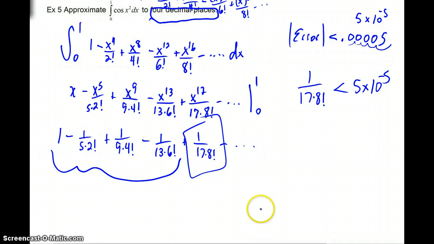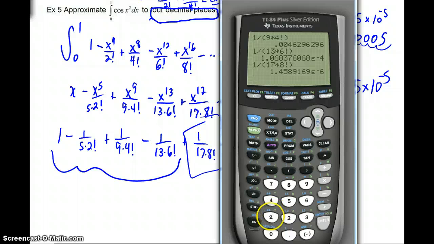So really what you could do, honestly, is just type this all in on the calculator, doing it step by step, rather than even try to calculate it with the sum sequence. It's probably just as quick to do that. Now 2 factorial, by the way, is a 2. You could definitely save time with that. You could say the next one is plus 1 divided by 9 times 4 factorial.